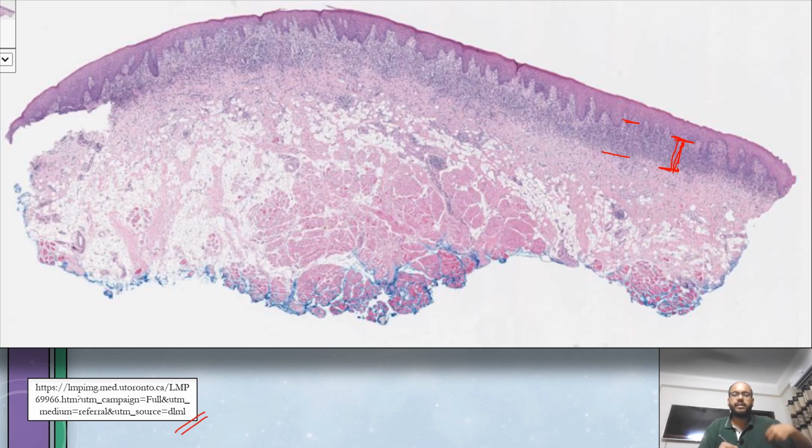I'll put this URL in the description, and it leads you to a site where you can zoom in and see all the features of the infiltrate. But I just wanted to use a zoomed out picture so that I can show you how, in a lichenoid tissue reaction pattern, you see a band of inflammatory infiltrate at the junction, and this is how a prototypic lichenoid reaction pattern looks under a microscope.